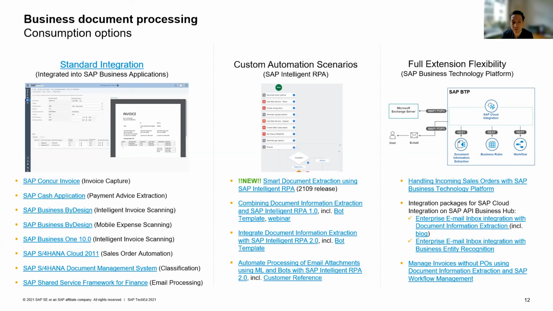But the great news is that since 2109 release, so from beginning of October, you can directly consume document information extraction with all its capabilities within the Cloud Studio of IRPA. There you'll find a PDF SDK, which gives you access to the capabilities.